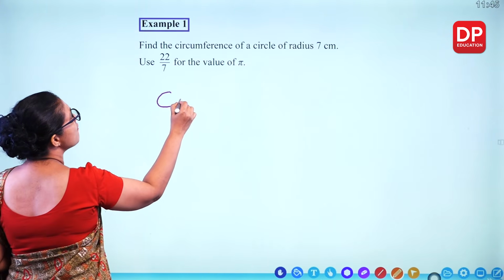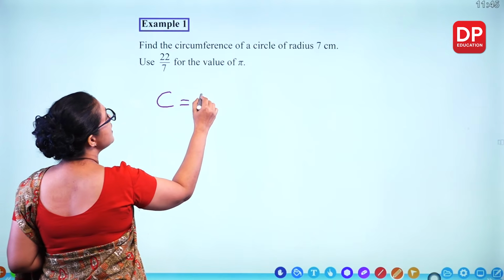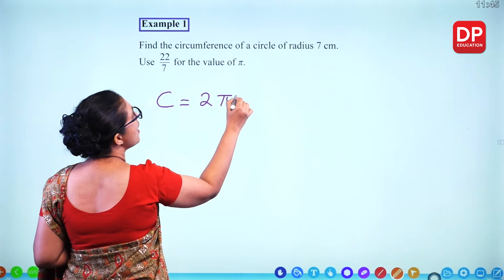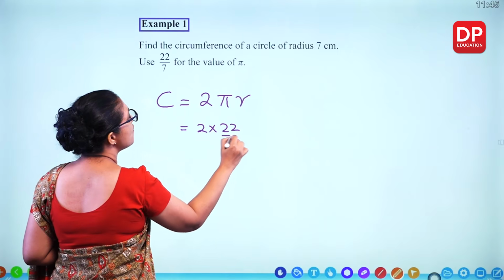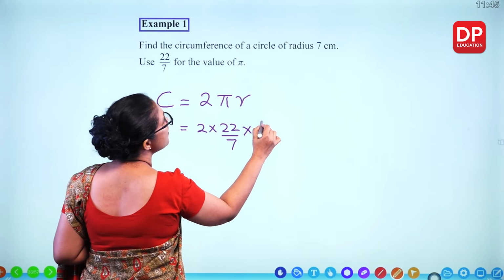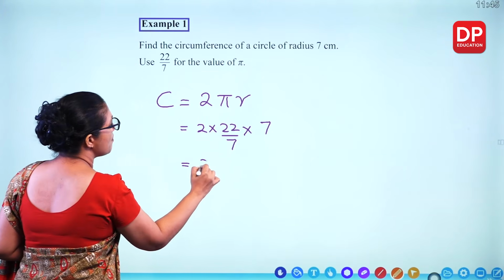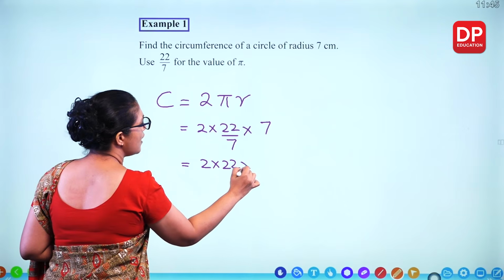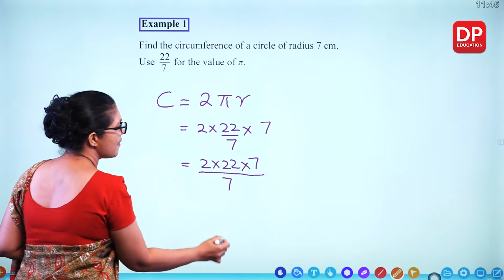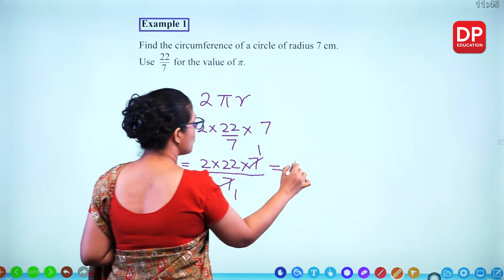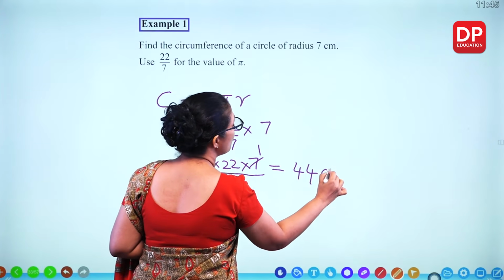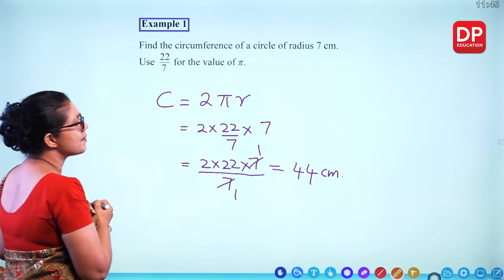So what's the circumference formula with radius? 2 pi r. 2 times pi, 22 over 7 times radius 7. So we multiply the numerator values and the denominator is 7. 7 gets cancelled out. 2 times 22, you get 44 centimeters.